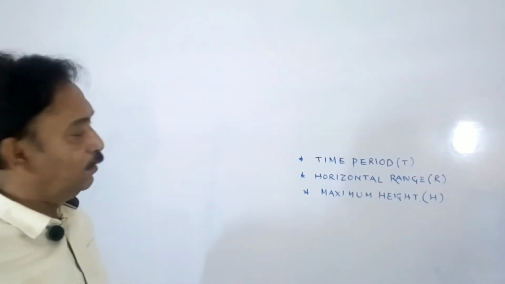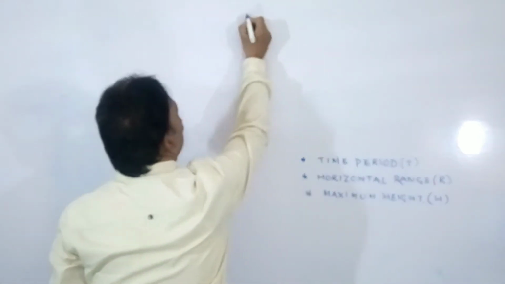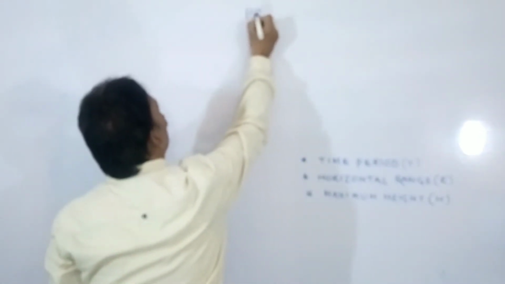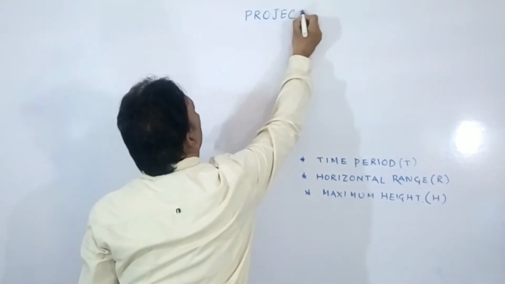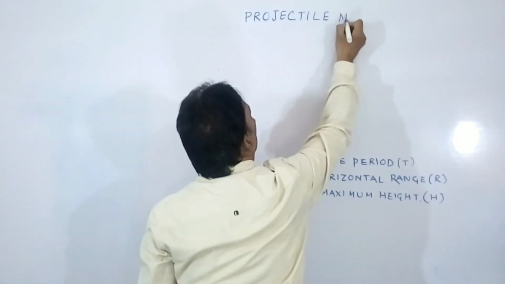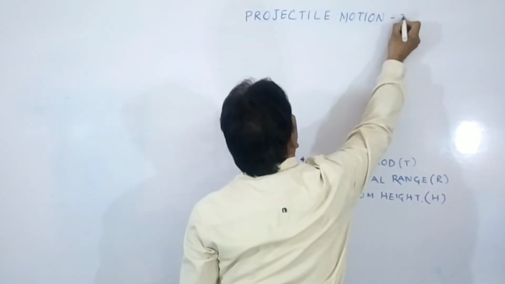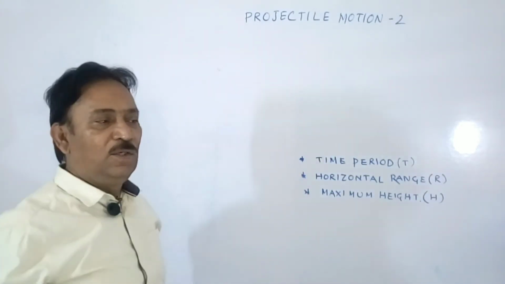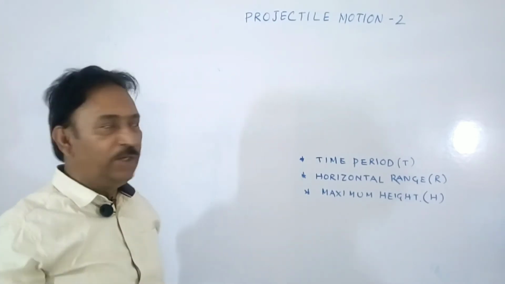Actually we are in two-dimensional motion, isn't it? Here it is the projectile motion we are talking about. This is the second part of projectile motion, that's why I'm writing it as 2. Those who want to learn more about it can watch the video.